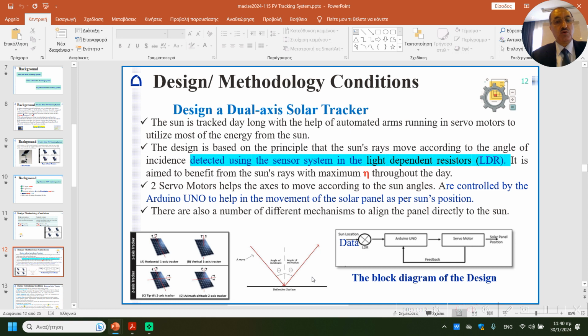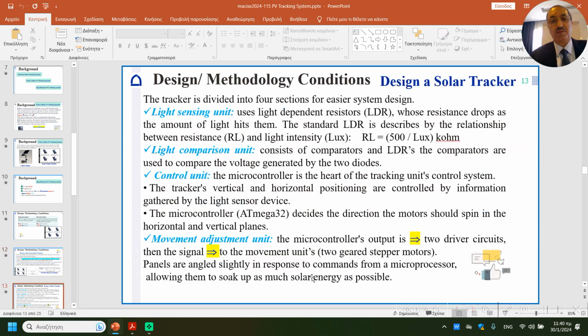We also have two kinds of servo motors that help the axis move according to the sun angle, and they are controlled by the Arduino, which is a small board, or the most famous one nowadays, that many people are using to help the movement of the solar panel as per the sun position. There are also a number of different mechanisms that we are using in the system in order to get the signal from the sun and return it back to the solar panel.